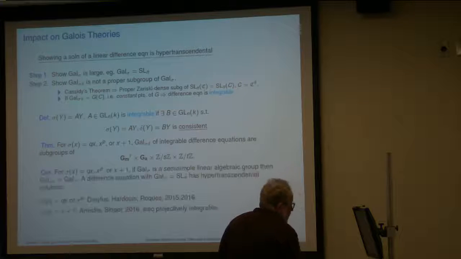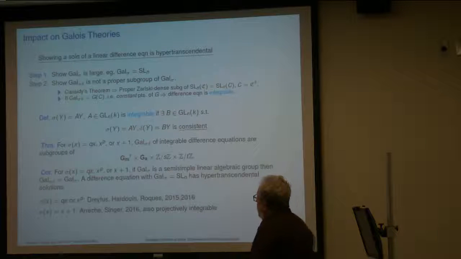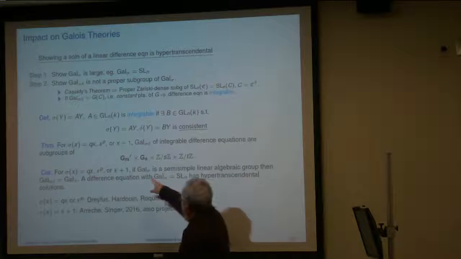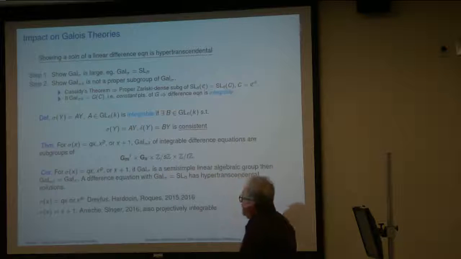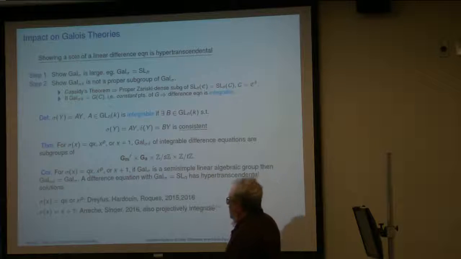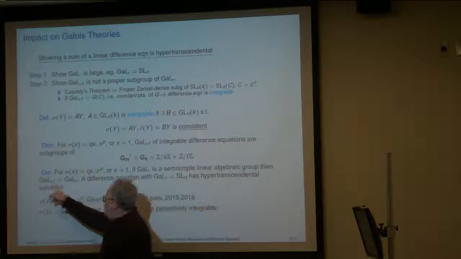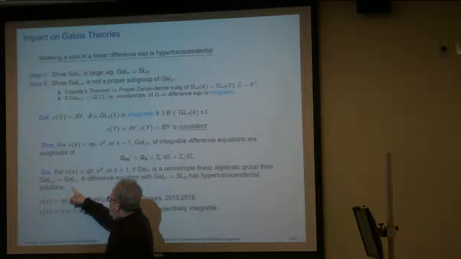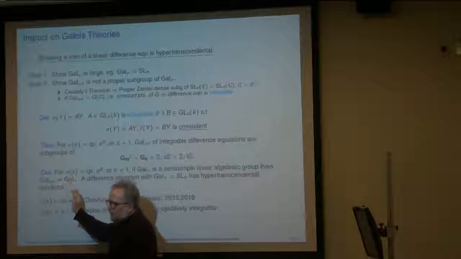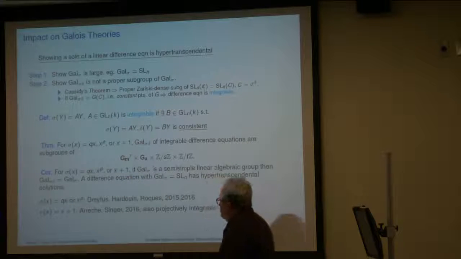So the final conclusion is the following. If your sigma Galois group is semi-simple, then the two different Galois groups coincide, in the sense that, as algebraic groups, they coincide.